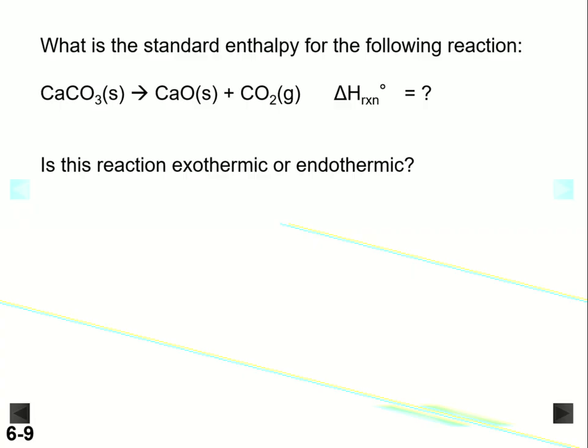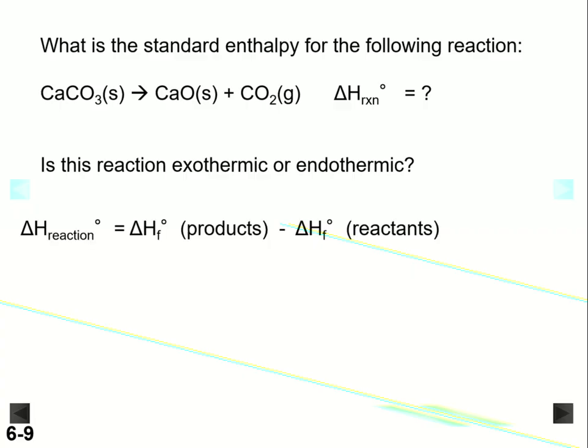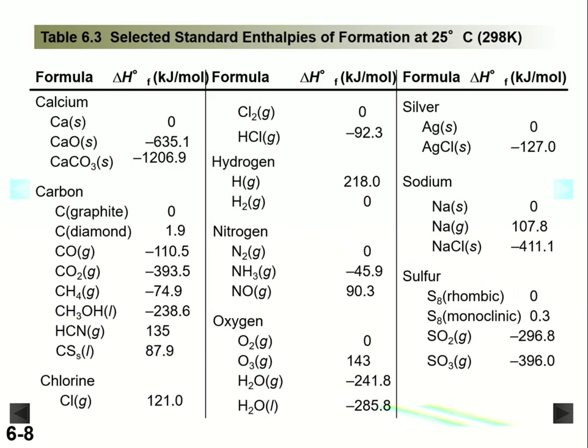Now, if we're going to do the calculation, we know that we need delta H0 of formation for the products minus delta H0 of formation for the reactants. So let's go back up to our table. We're going to need calcium oxide, and we can see in the upper left-hand corner we have calcium oxide. Right below that we have calcium carbonate, and then down a little ways we have carbon dioxide listed.